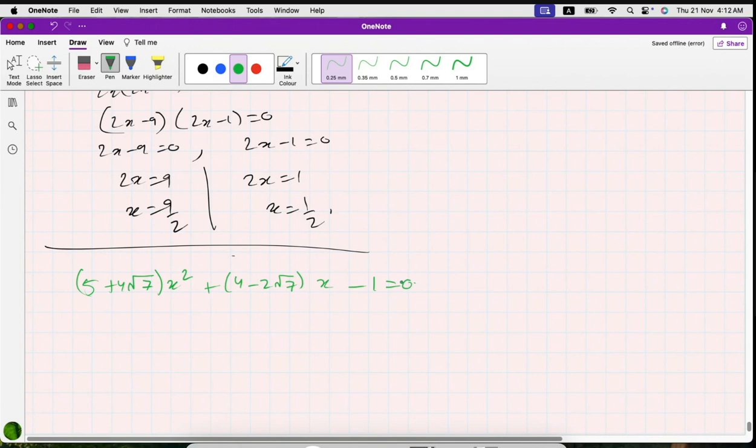Giving your answer in the form a plus b square root 7, where a and b are fractions in their simplest form. And it is a 5-point question.